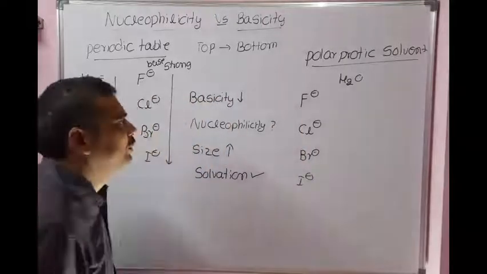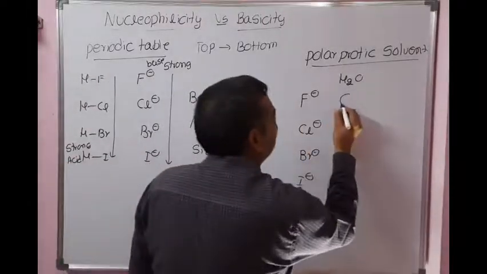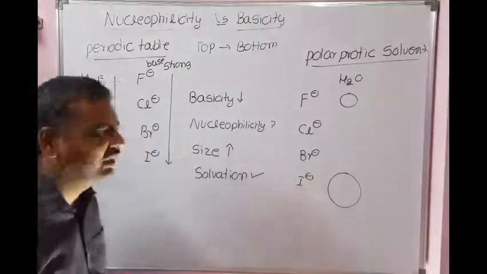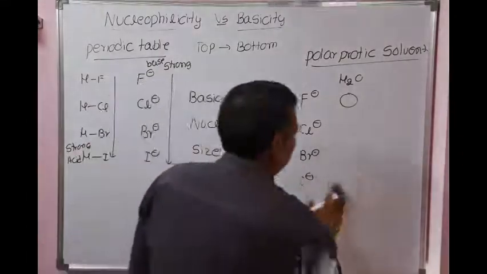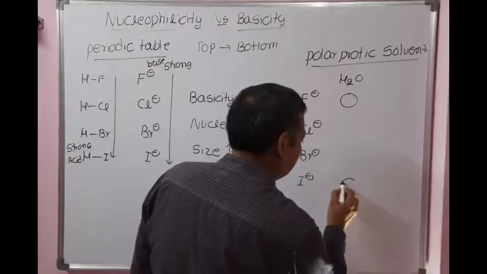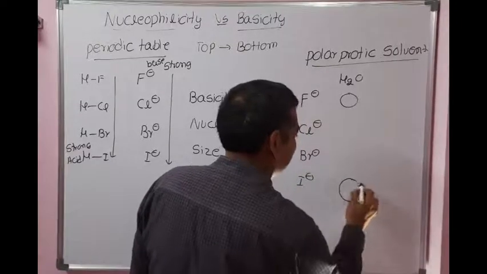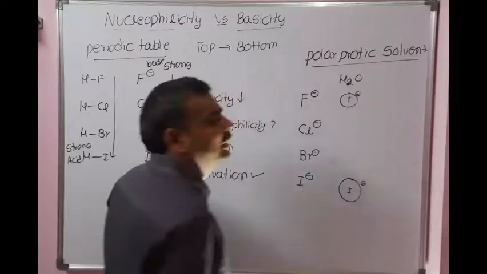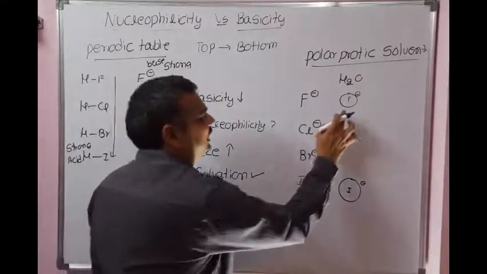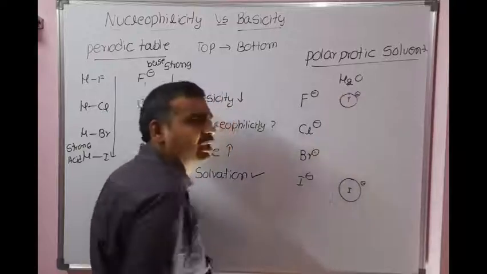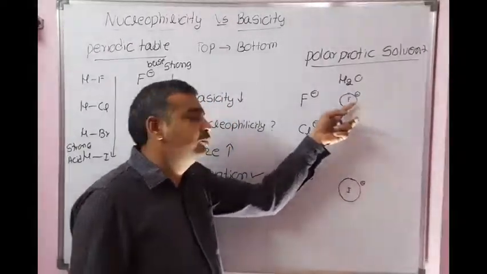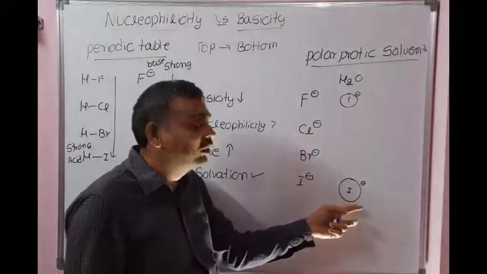Fluorine size is small, iodine size is big. In F minus, since the size is small, the electron density is more. In I minus, since the size is big, the electron density is less.